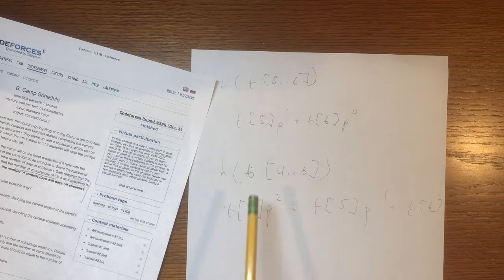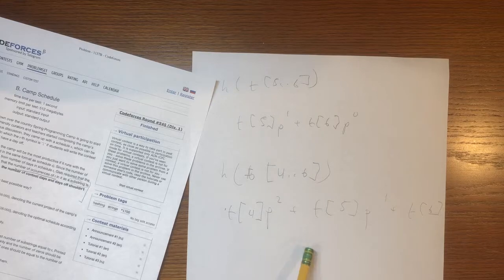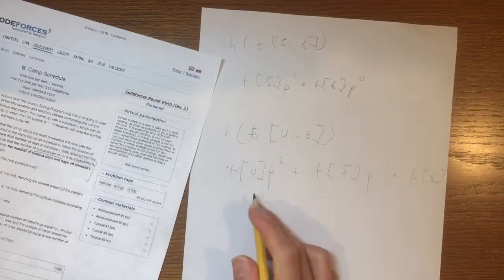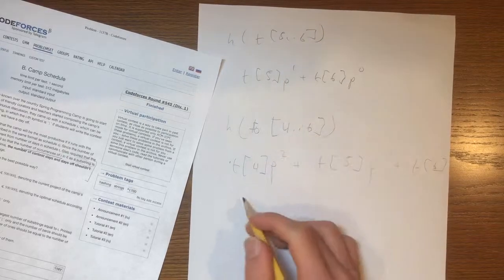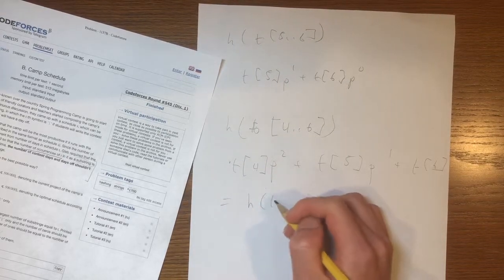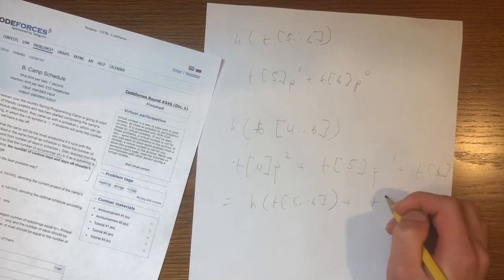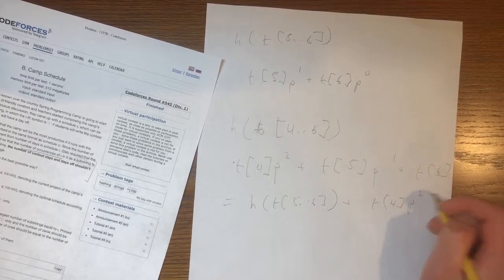So that's basically the way we're able to represent this. And if you notice, we're doing something really similar: t of 4 to 6 is basically just h of t of 5 to 6 plus t of 4 times p to the second power.